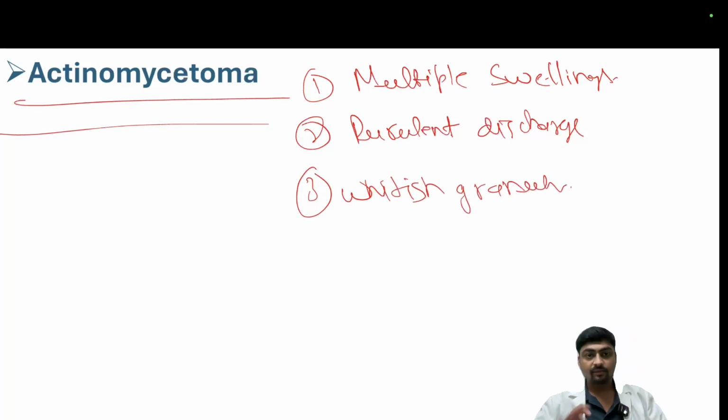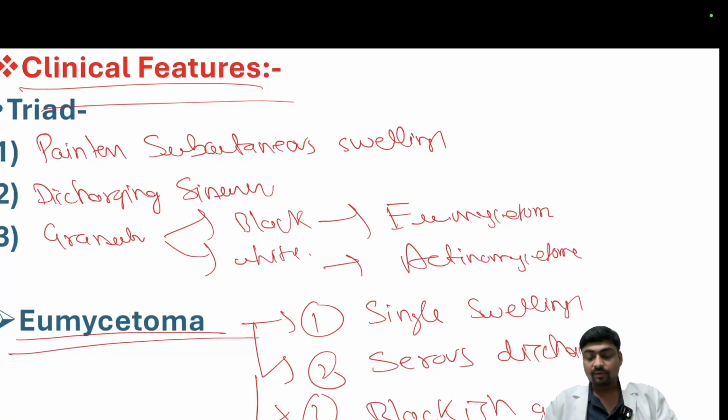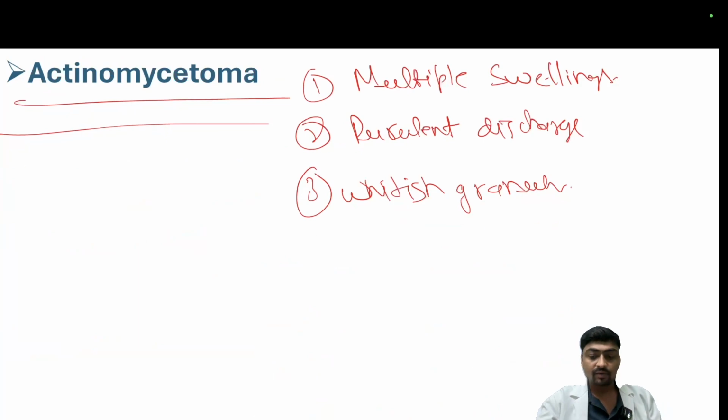And these are the differences between both types of mycetomas. In Eumycetoma, a single swelling is present with serous discharge and blackish granule formation. In case of Actinomycetoma, there will be multiple swellings with purulent discharge and whitish granules.